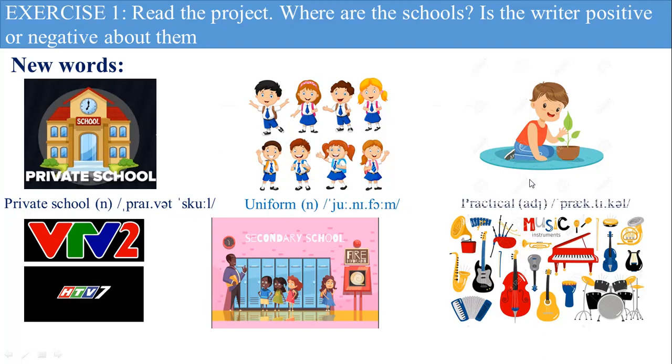Now we have practical. Practical is the adjective form of the verb practice. So how can we say it in Vietnamese? Yes, thực tế. Now VTV1, VTV2 are channels. Channels. Yes, kênh truyền hình.